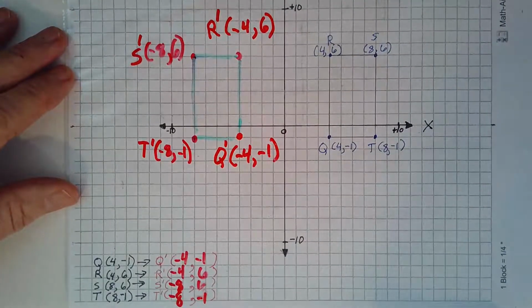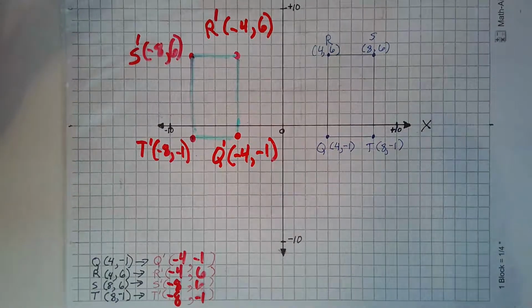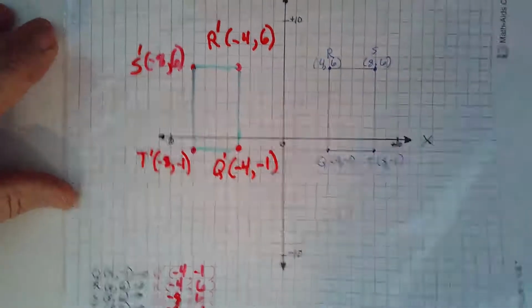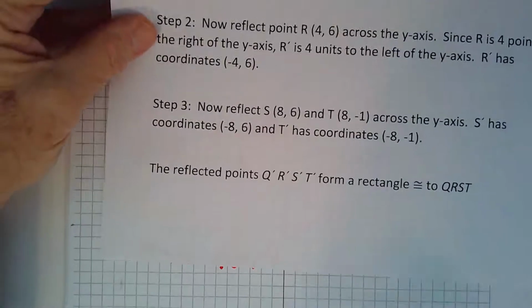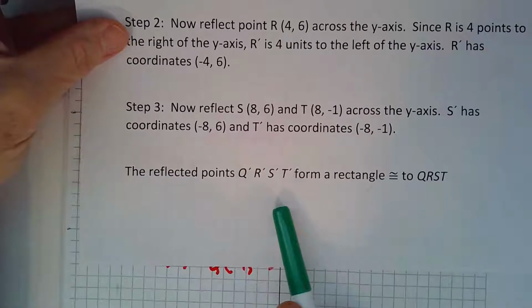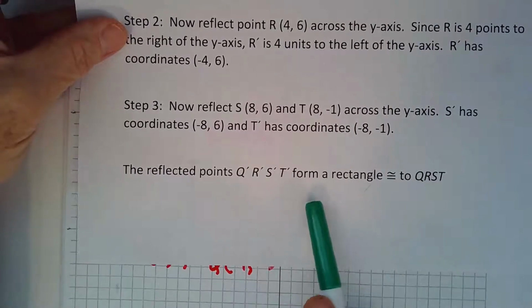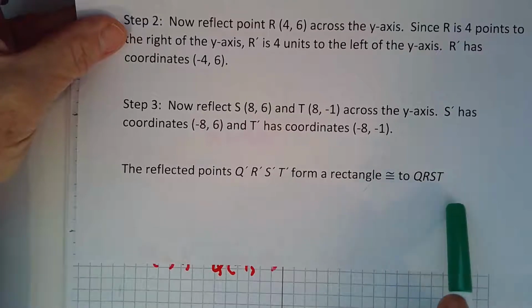That's the whole thing. And so again, take a picture of that. Use that as your guide. Go through the steps like I did. And of course, I had my page peeking out from under. But the important thing you'll want to remember from all of this is that the reflected points Q prime, R prime, S prime, T prime form a rectangle that is congruent to QRST.